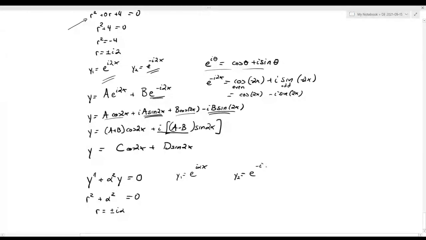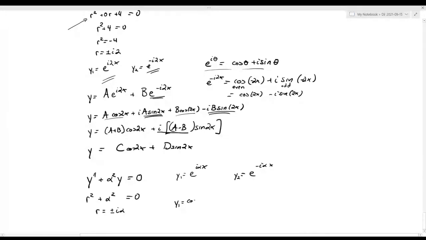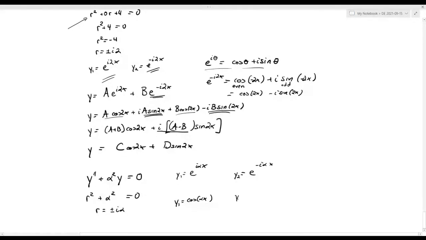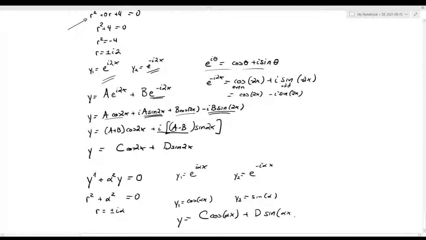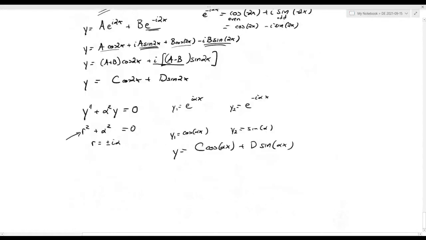So these are the two solutions, but we want real valued functions. If you use Euler's identity, you can instead say y1 is cosine of alpha x, and y2 is sine of alpha x. So your general solution is some combination of those. When you have complex roots for your characteristic polynomial, you rewrite the answer in terms of sine and cosine.